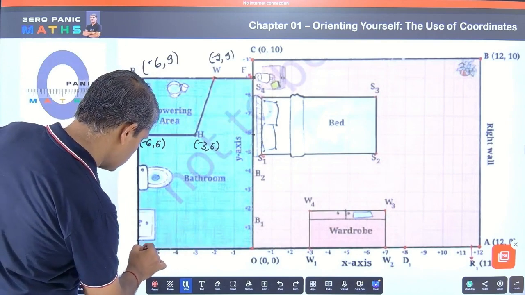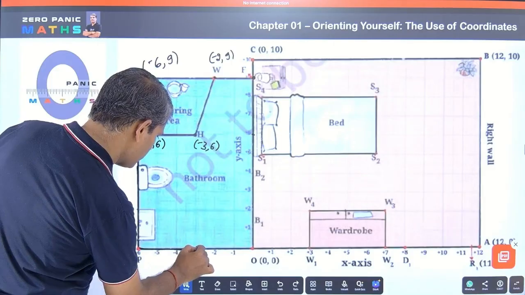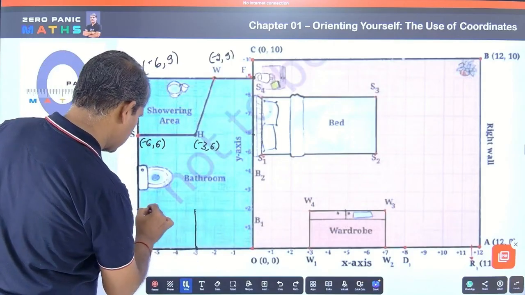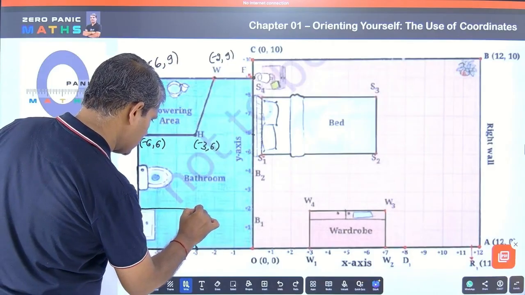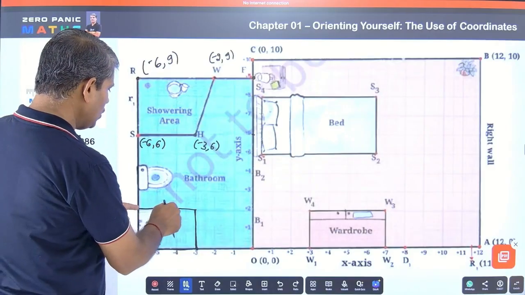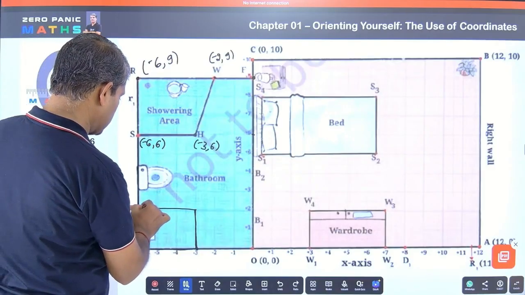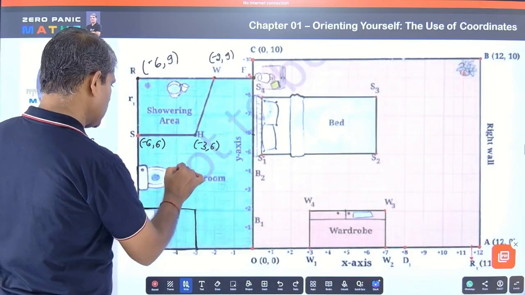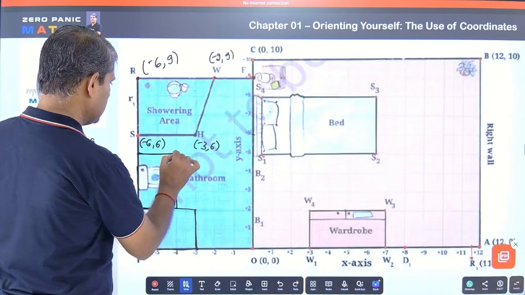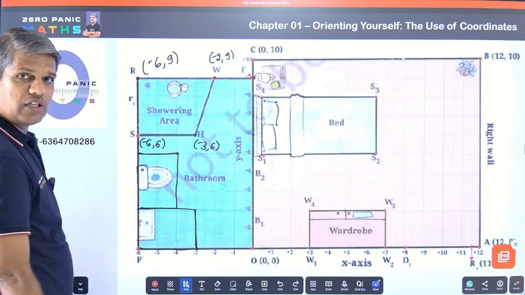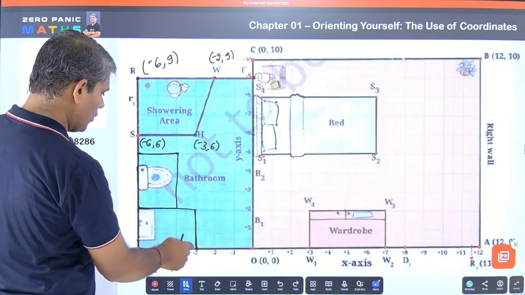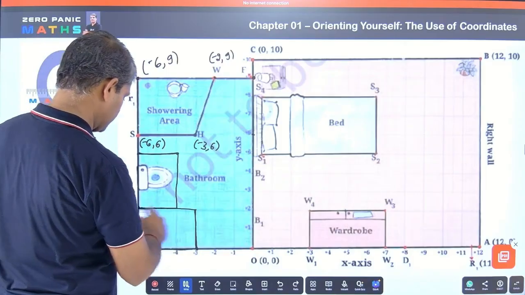This is 3 towards the width and this is the length. So this is the wash basin. And the 2 by 3 space starting from here is for the toilet. So this is the toilet. You understood this?